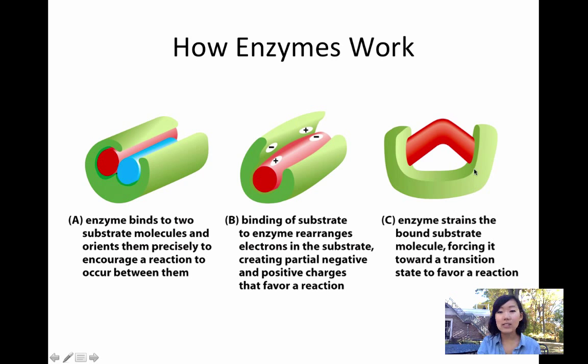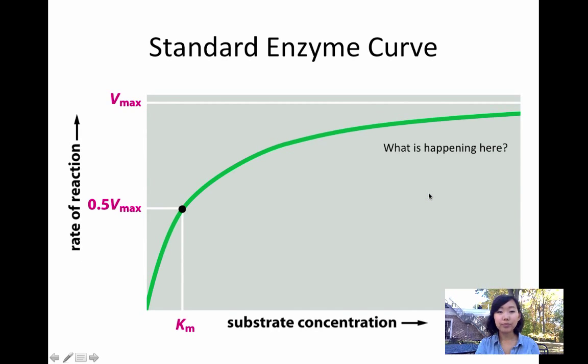And then in this case, this is probably the one I think your textbook talks about, but the enzyme can actually strain the substrate, so kind of squeeze it or bend it so that it's easier for it to break. So this one right here is most relevant for hydrolysis reactions when you're trying to break down a substrate. So this is dehydration. This is just in general for any types of reactions. And then this one right here is for hydrolysis reactions.